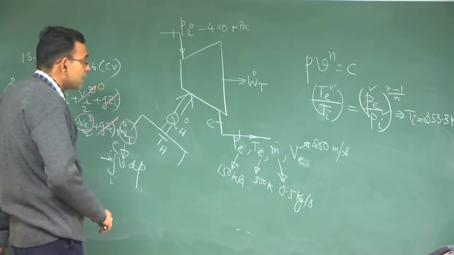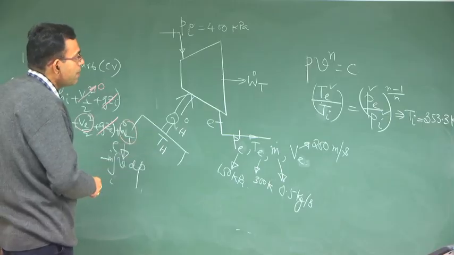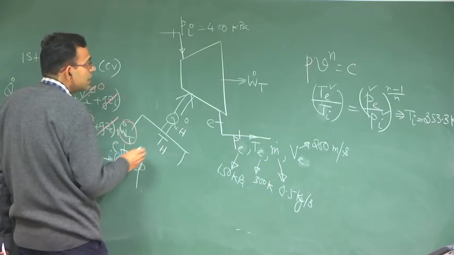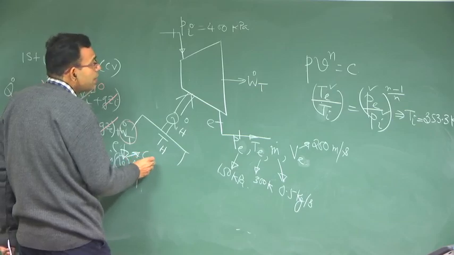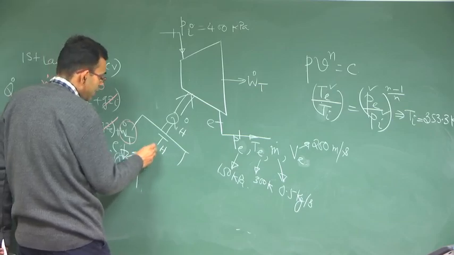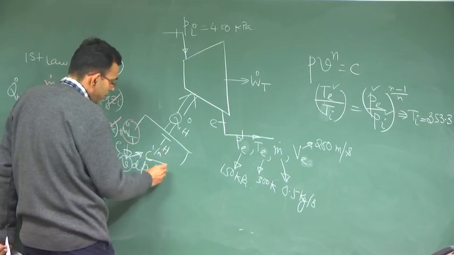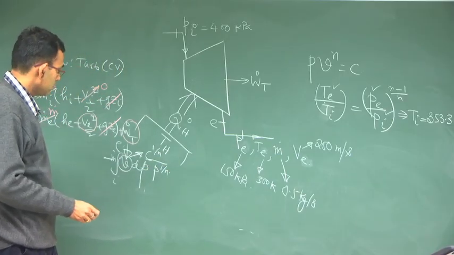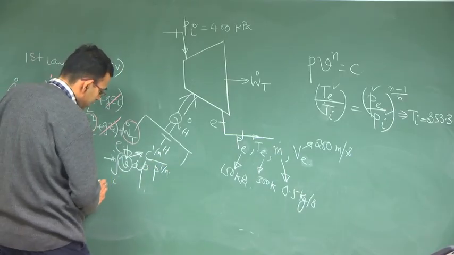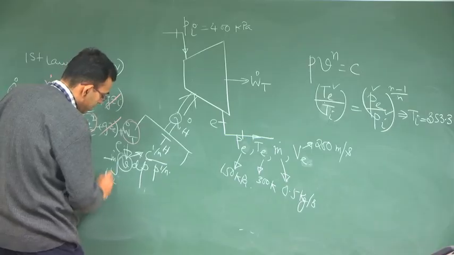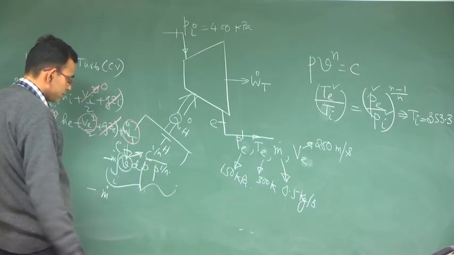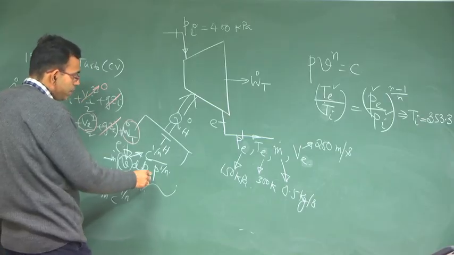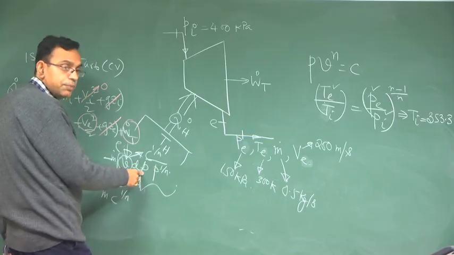So now you can straight away express V in terms of P, that is C to the power 1 by n by P to the power 1 by n, right. So then that integration becomes minus m dot, let us write this term, C to the power 1 by n, then P to the power minus 1 by n dP.